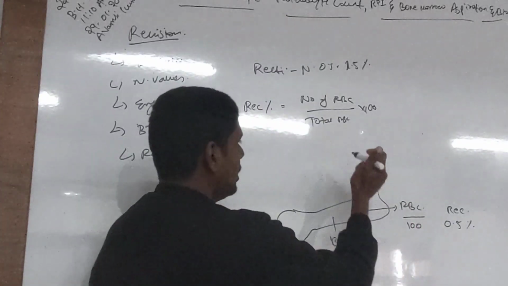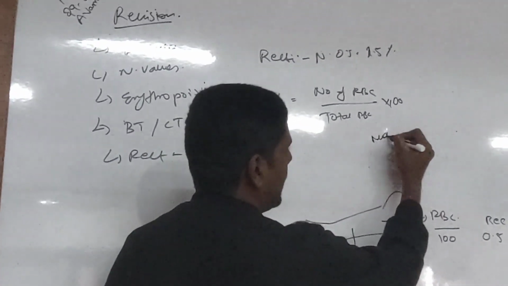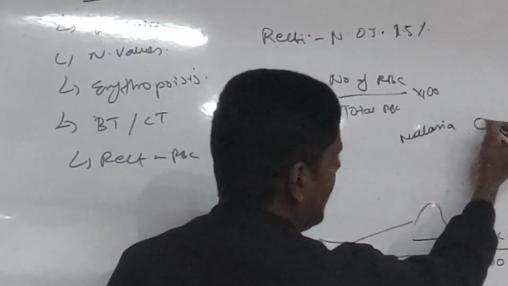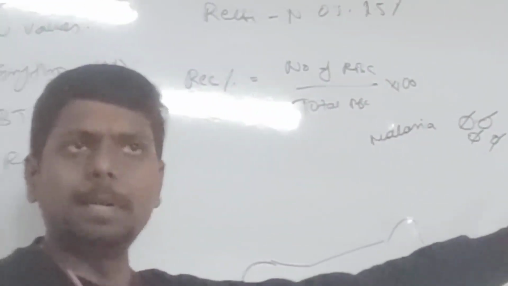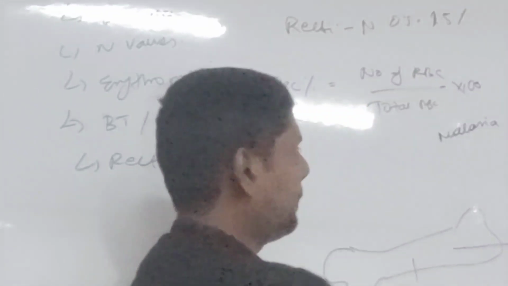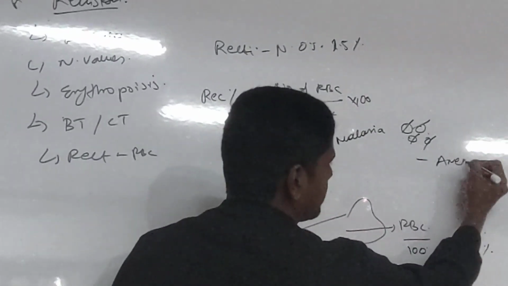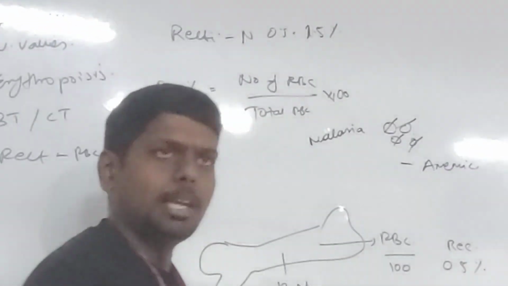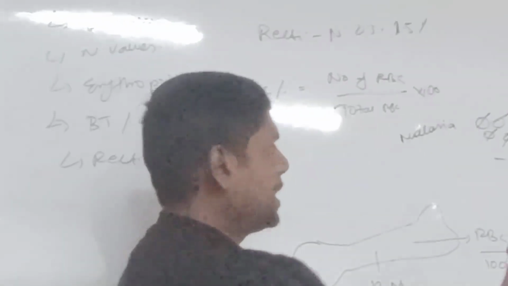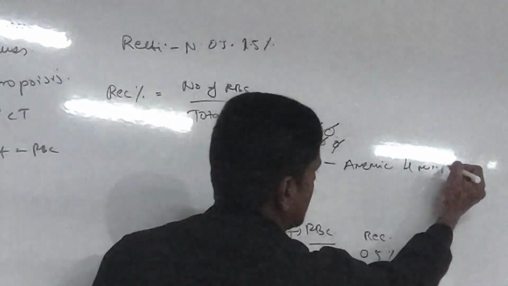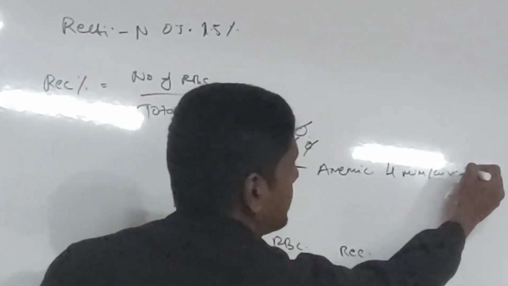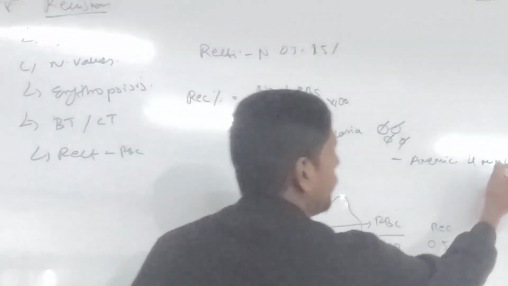Now there is malaria in the patient, and malaria caused many cells to be destroyed. So the patient became anemic. The patient's red blood cell count dropped to 4 million cells per cubic millimeter of blood.